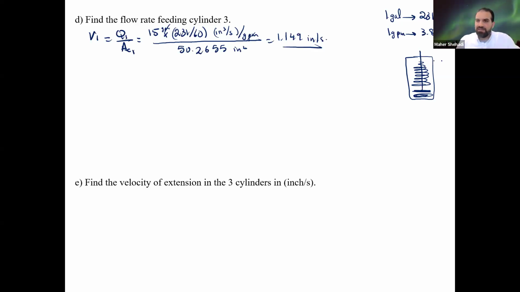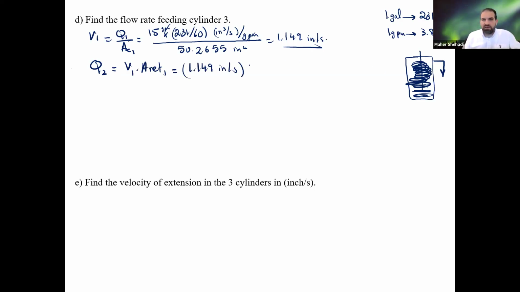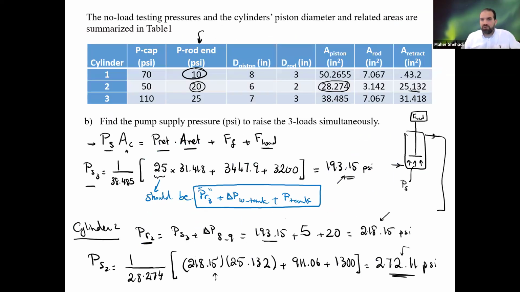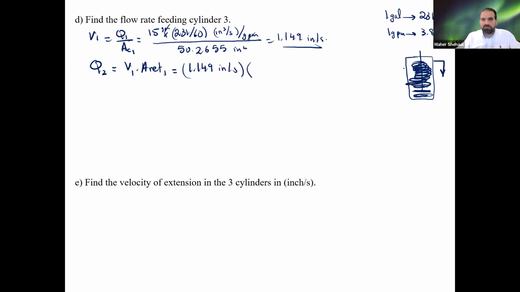So now what's the flow rate that leaves cylinder 1? It's the oil right here. So it's the same speed. So Q2, the one that goes into cylinder 2, is the back flow rate in cylinder 1. It's V1 times A retract 1. So it's 1.149 inch per second times the back area of cylinder 1, the annulus, not the rod, which is 43.2 inch square.